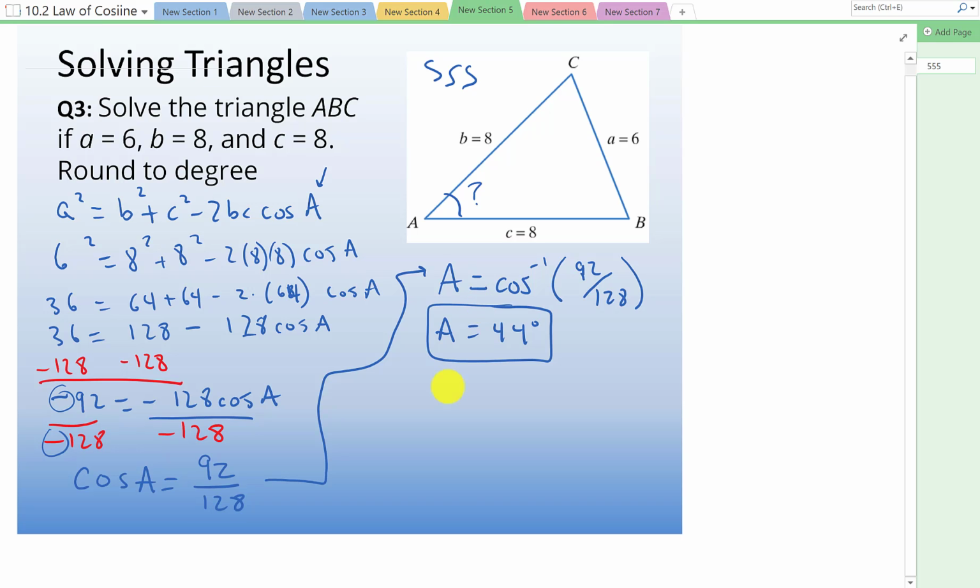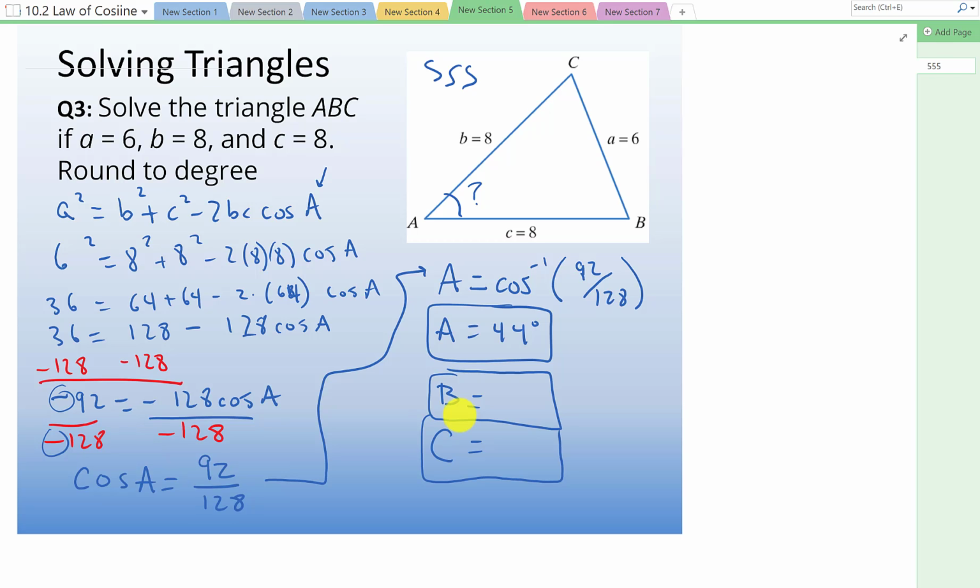Okay, now we also need angle B and angle C. Technically, if you weren't observant with triangles, you could just use the law of cosine again, and you would be able to find the other two sides. But I want you to observe something here. We're going to do a little bit of a shortcut.